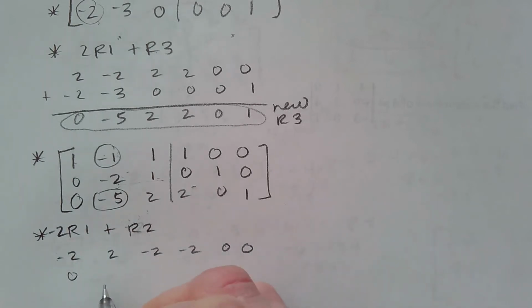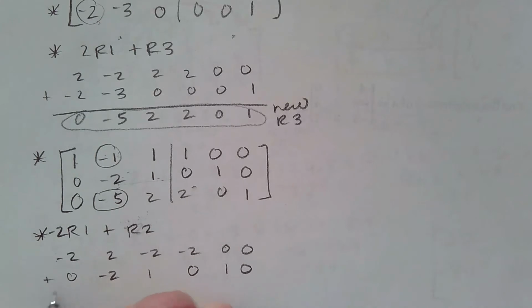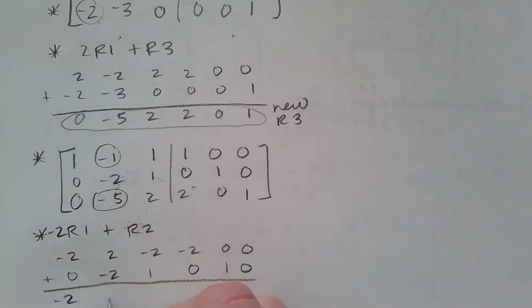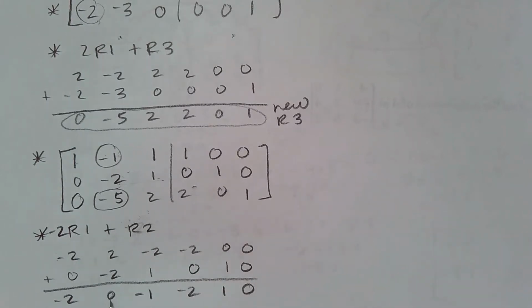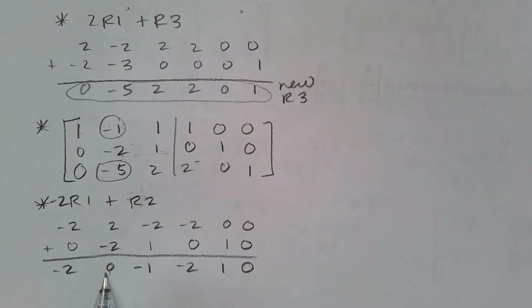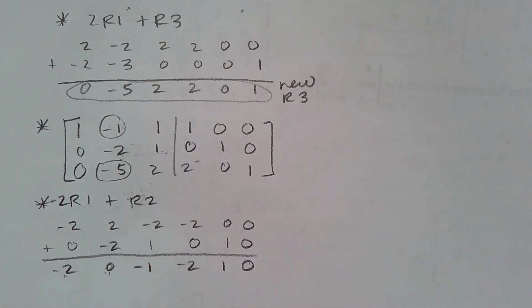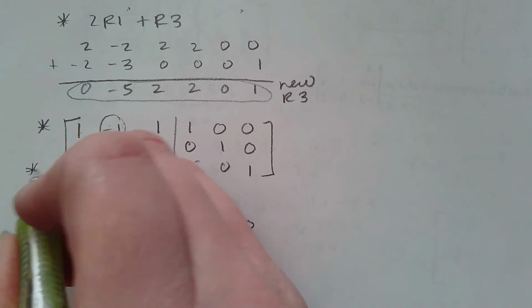And then the middle row, so row 2, I'm just writing down the way it is. And add those together. And again, I have my 0 for my second element, but the first element in that row is a -2, and I know it's not a 1. My students were really bothered by that -1 going away. All we're worried about right now is getting the zeros where we want them. So don't worry about that.